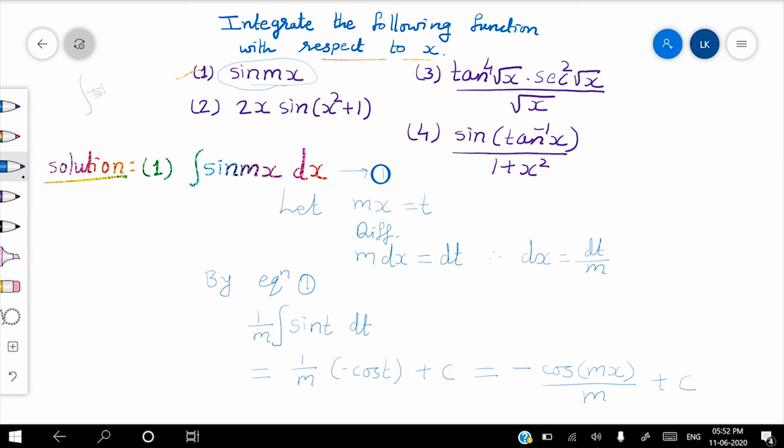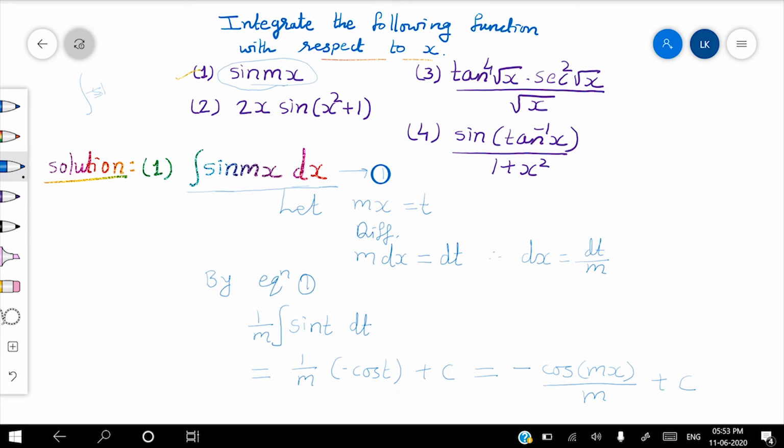Again, I will repeat. Here, in our question, there is sin mx. Okay, we want to find its integration with respect to x. Now, here we cannot use our formula directly. You know, the integration of sin is minus cos.